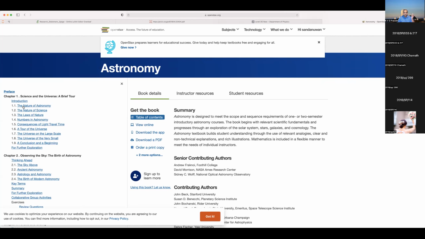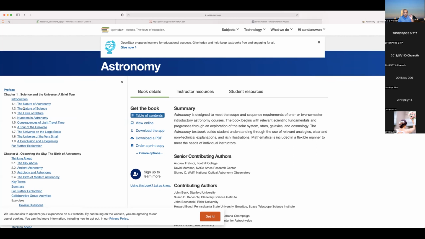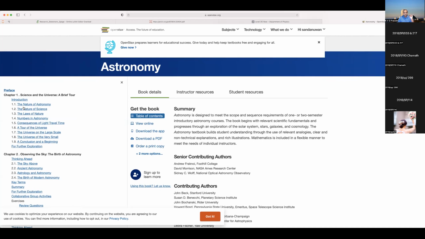The book is very comprehensive and written by a set of very famous and well experienced astronomers. Also, the book is a very basic one, and if you need more details, you can go and completely read the book. Most of my lectures will be based on this particular book.